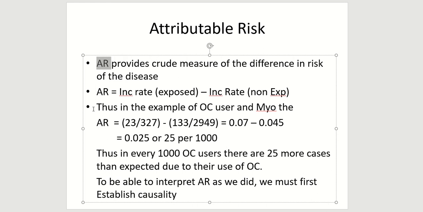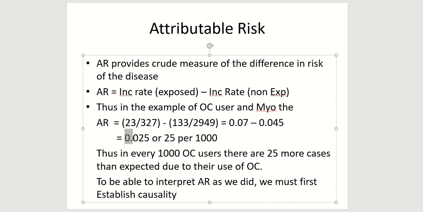So if you go back a few slides to when I was discussing the oral contraceptives with myocardial infarction, we calculated two risks, that of the exposed and that of the not exposed, and it came out to be 7% in the exposed and 4.5% in the not exposed.